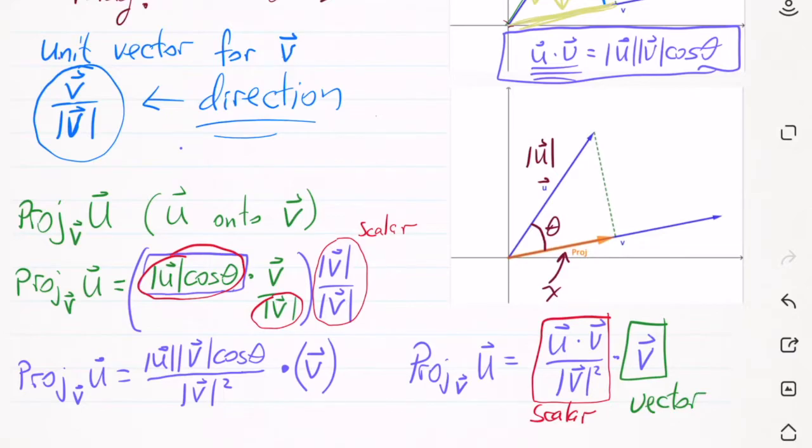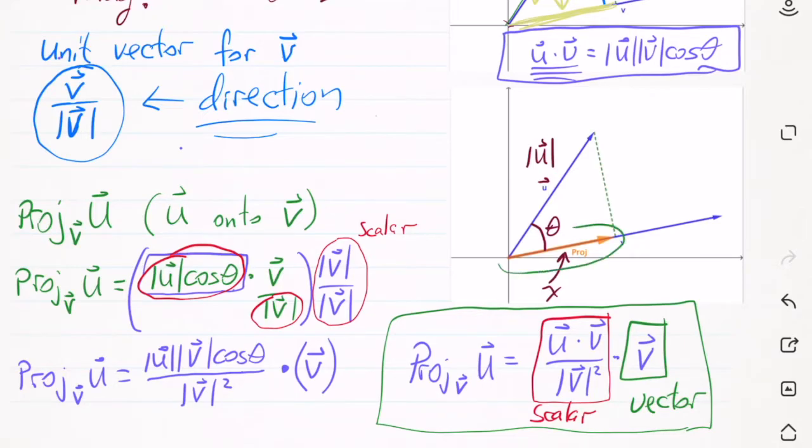So our answer is going to be a vector, which is kind of nice because that's what we wanted. And it's going to be literally this vector right here when we're all said and done. So this is called the projection of a vector onto another, and it forces us to look at how much force is going in another direction.